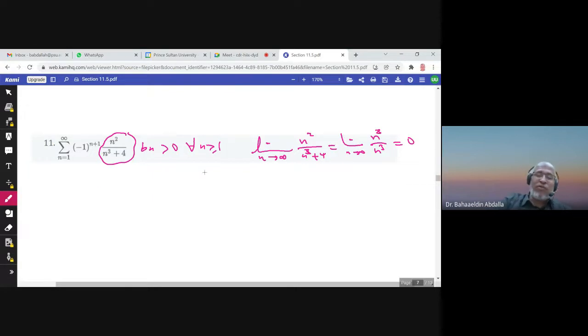But it's not easy to prove decreasing here, so we need to write f of x and find its derivative.